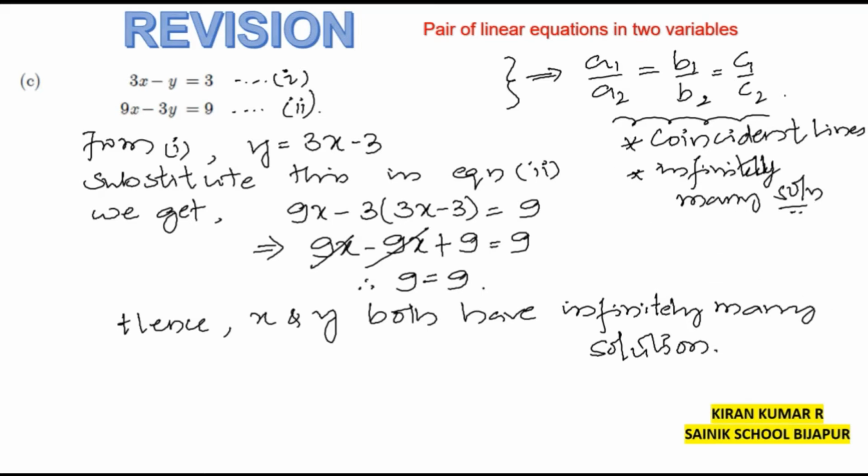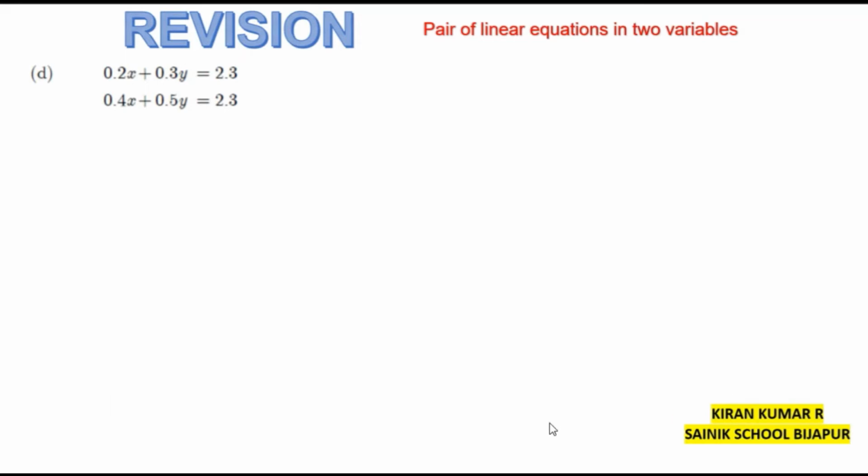Let's take up the next question. Now in this question we have got the decimals. Let me take 0.2x plus 0.3y equal to 2.3 as equation 1 and 0.4x plus 0.5y equal to 2.3 as the second equation.